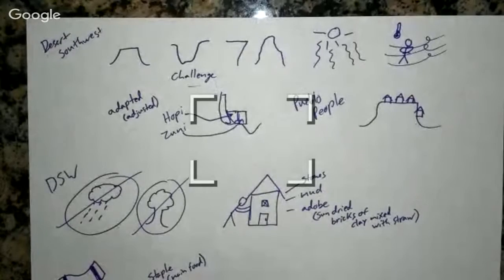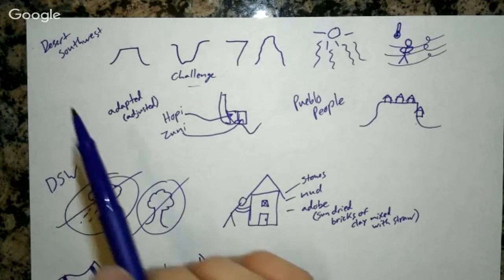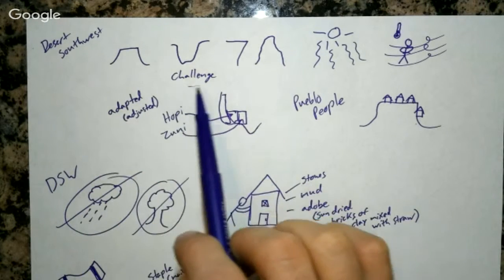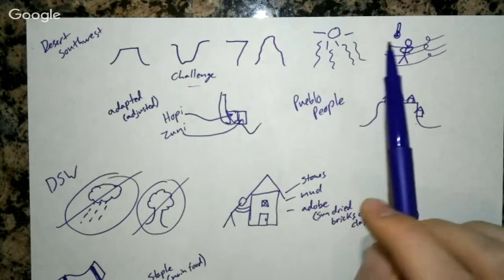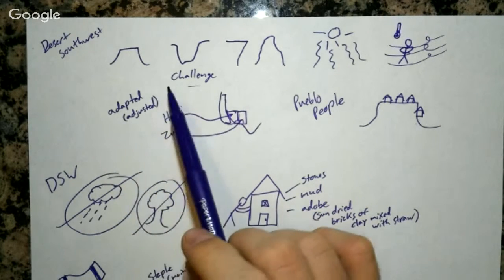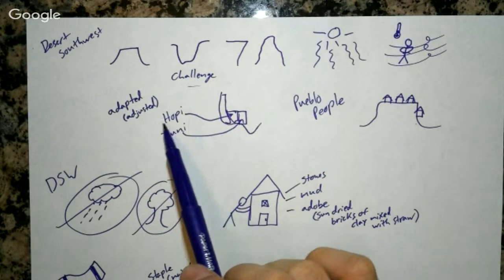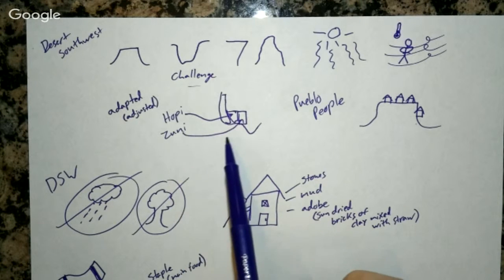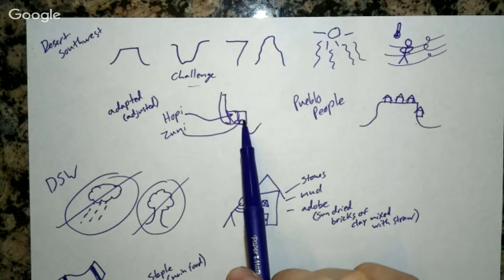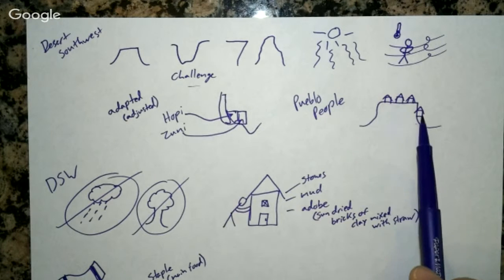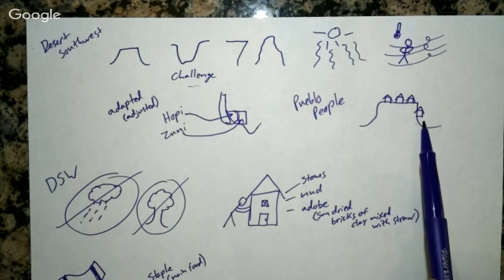Let's go back up to the top. Since we've been reciting them throughout, it should be somewhat easy for us to go back through and say, in the desert Southwest, the many landforms presented a challenging environment. It was both very, very hot and very, very cold. Of those who adapted or adjusted to the area were the Hopi and the Zuni. The Hopi lived in present-day Arizona, while the Zuni lived in present-day New Mexico. They were known as the Pueblo people and built their houses on tops of mesas and on the sides of cliffs.